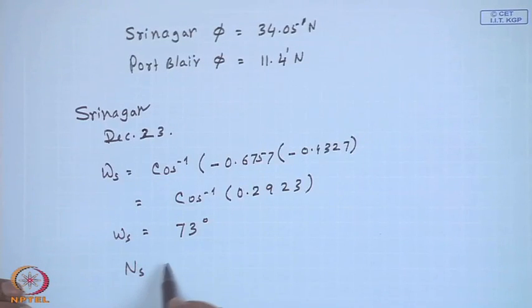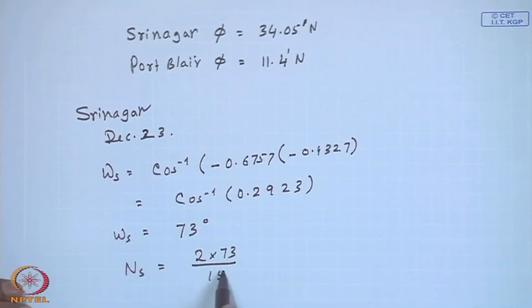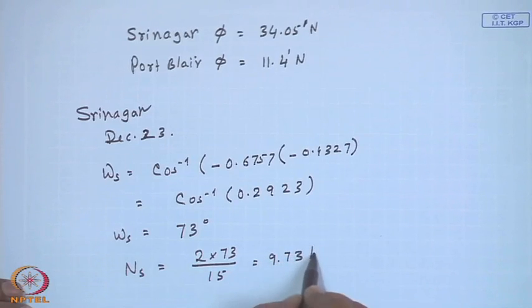n s, the number of sunshine hours will be twice 73 by 15, which will be 9.73 hours.